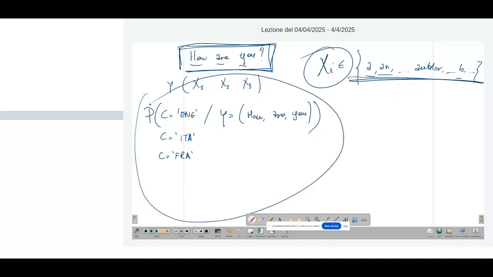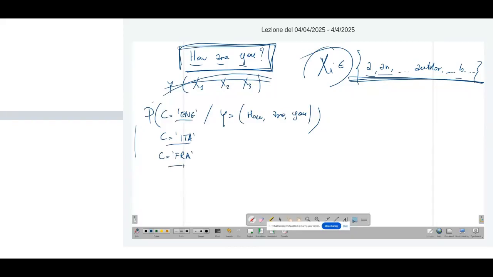That's not really important. In any case, it's a closed set. I will test it against all the languages that I have in my task. We are assuming a closed set, so I know that it's one of the languages that I want to recognize. We don't consider the case when it can be another language, because that would make things slightly more complex, but at this point it's not necessary.